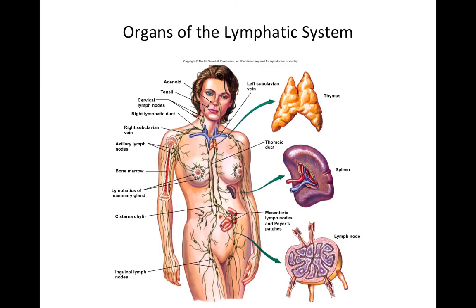And here, if we take a look, we see the spleen over here, we see the thymus, we see the tonsil, and then I mentioned that the lymph nodes have a purifying or filtering aspect in the lymphatic system, and these lymph nodes are throughout the body. And when you're sick, often the doctor will be feeling the lymph nodes in your neck to see if they are swollen, and they often will get swollen during an infection.